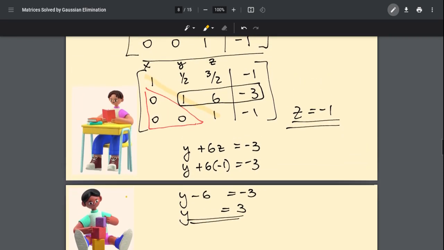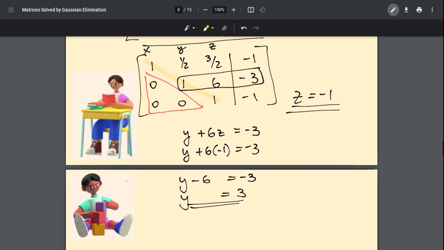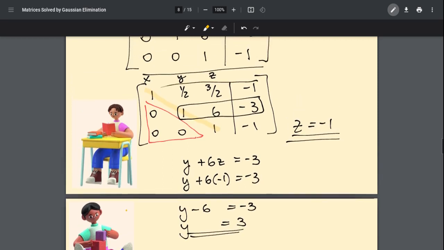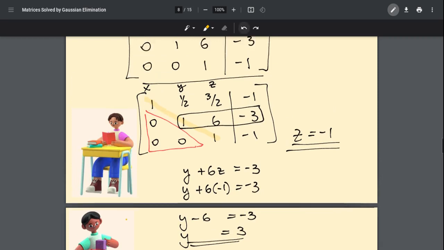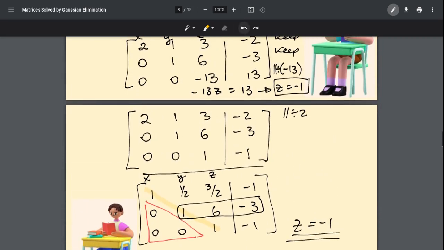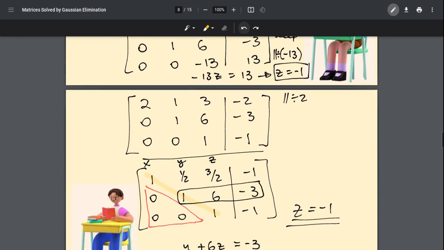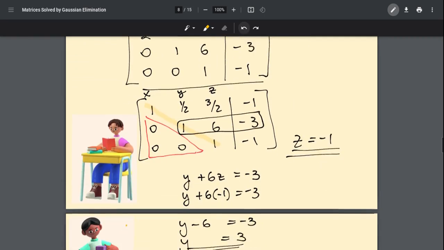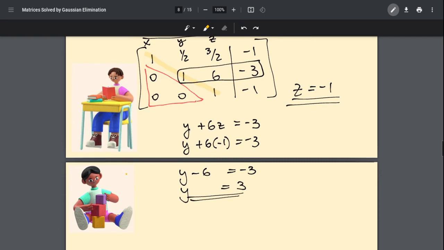I am now going to, and it doesn't matter where you go guys, you could use this to find out what your x is, or you can go all the way up. It doesn't matter what row you plug it into, eventually you'll get the same thing. Okay, so I'll just use this row that we just worked with, and I plug that in to show you.